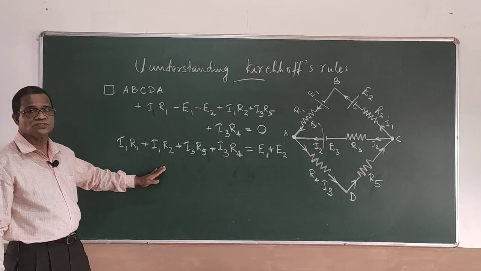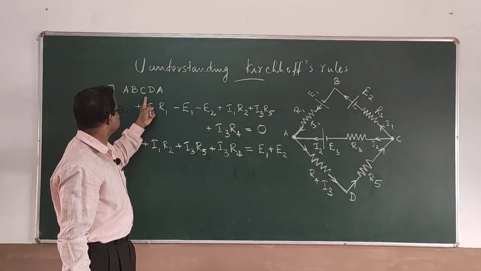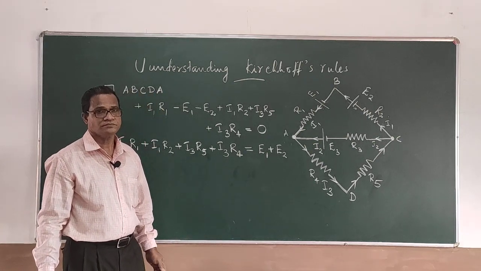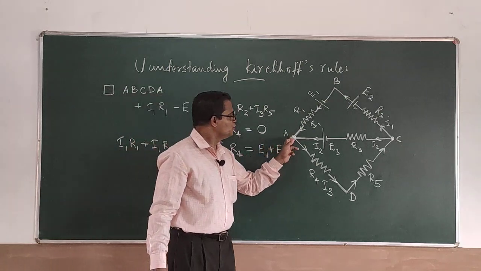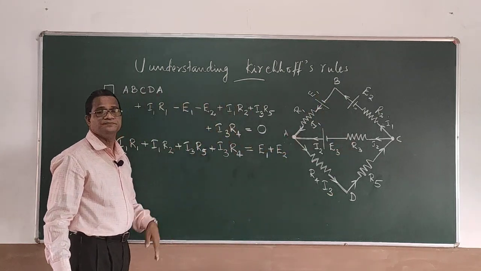Now this is Kirchhoff's rule, the loop rule for the loop A, B, C, D, A. Okay? So when you move from A to B, B to C, C to D, D to A, it's coming like this.